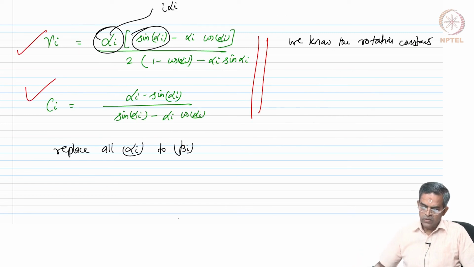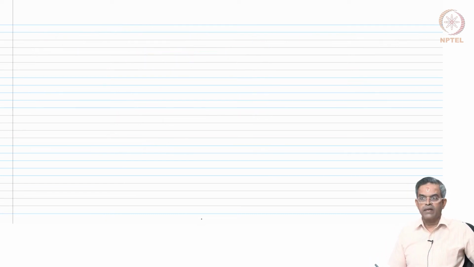So, alpha I to beta I, keep on doing this. Let us do that. Please do this, I will do it parallelly here.